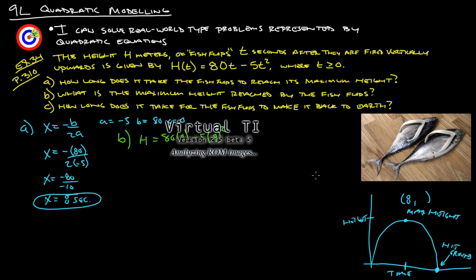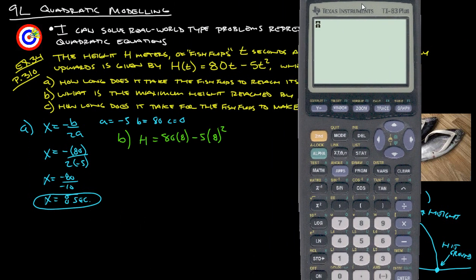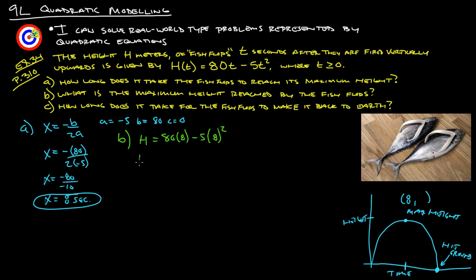Alright, so let's bust out our calculator to make sure that we get a good answer here. 80 times 8 minus 5 times 8 squared gives us that our height would be 320, and I believe this was all given in meters.